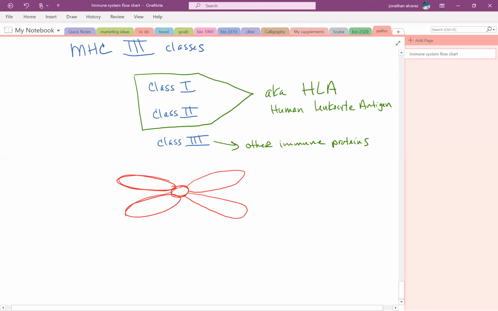All right, so there's our chromosome. And let's just say about right there is chromosome number 6. And that's where these class 1, class 2, and class 3 come from. Okay, so it's a genetic thing.